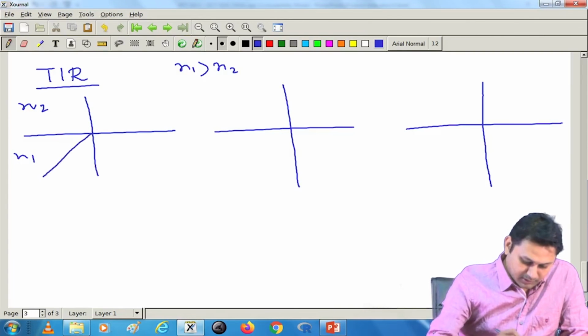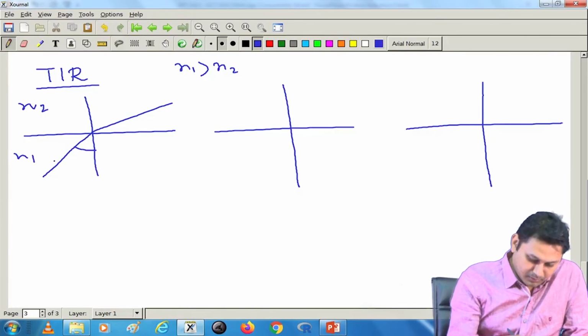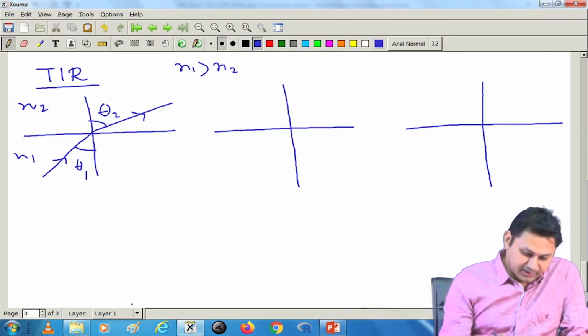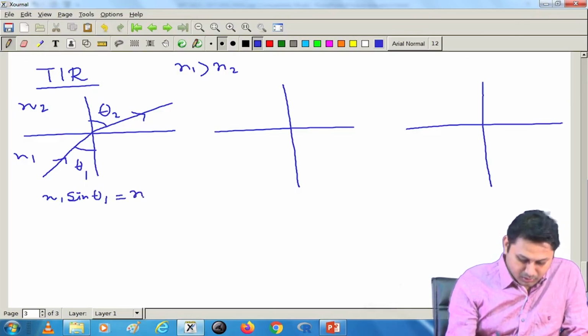This is simply when the light ray is falling here. So, I have angle theta 1 and angle theta 2, and it is following the Snell's law, like n1 sin theta 1 is equal to n2 sin theta 2.